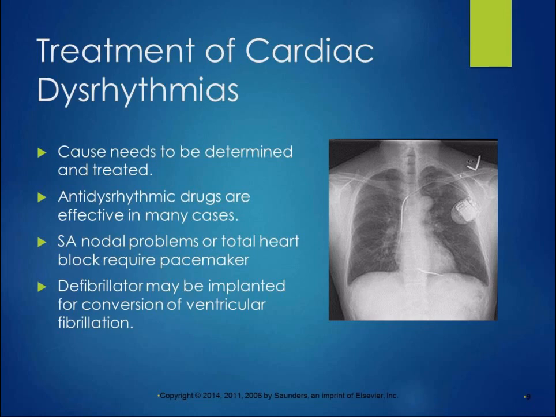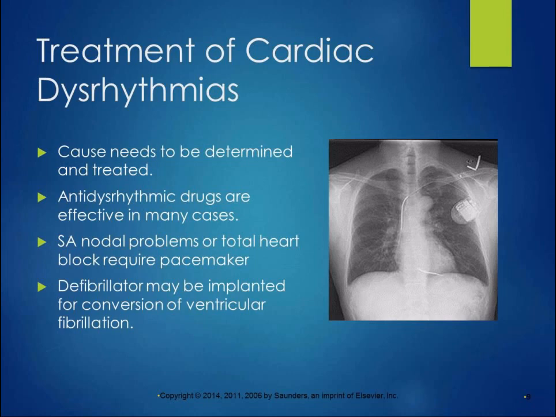In the treatment of cardiac dysrhythmias, like a lot of things, they have to determine the cause and then treat that. A lot of times they use antidysrhythmic drugs. There are definitely some drugs out there that they use for atrial fibrillation and for some other things. With sinoatrial node problems or total heart block, they might require that you get a pacemaker.